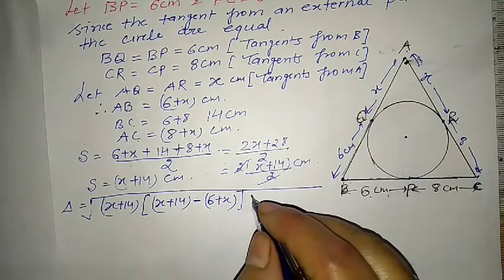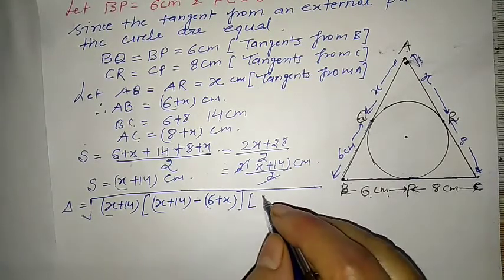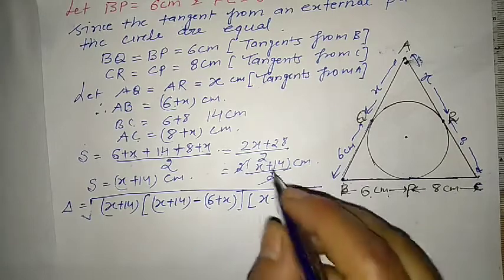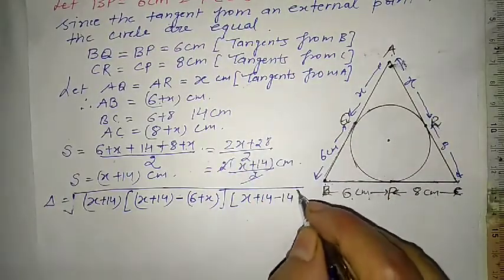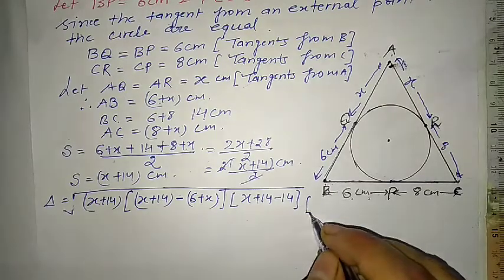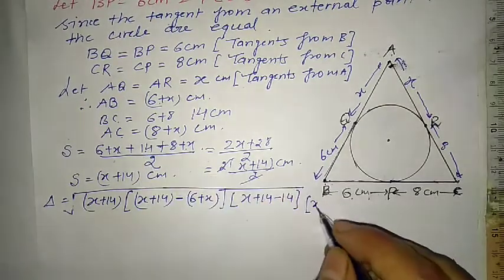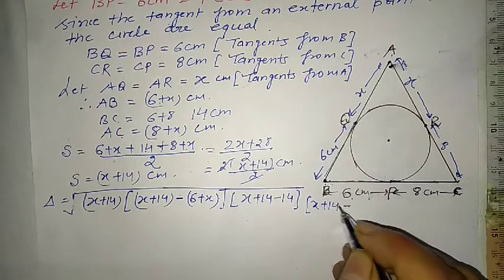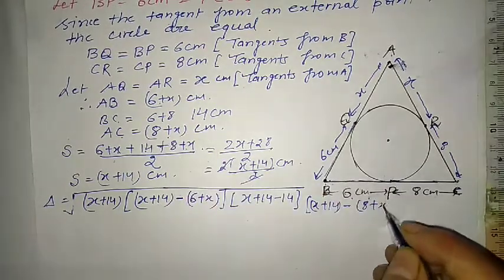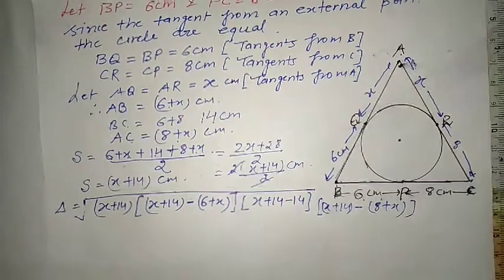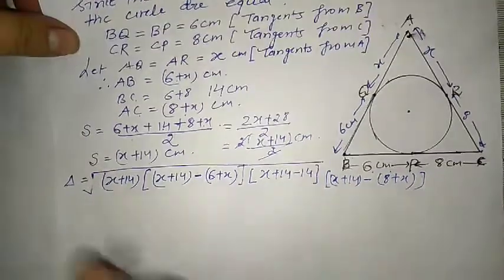Then we have S minus B. S is X plus 14, B is given here, 14 minus 14. And then we have S minus C. S is X plus 14 and C we have 8 plus X. Got it? Okay. The next step.